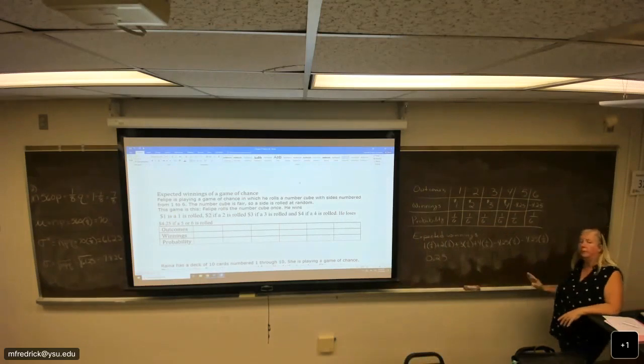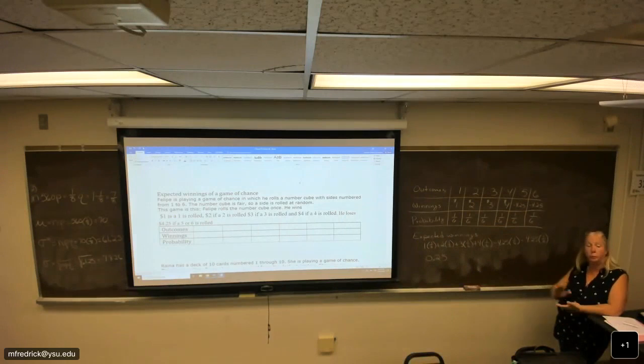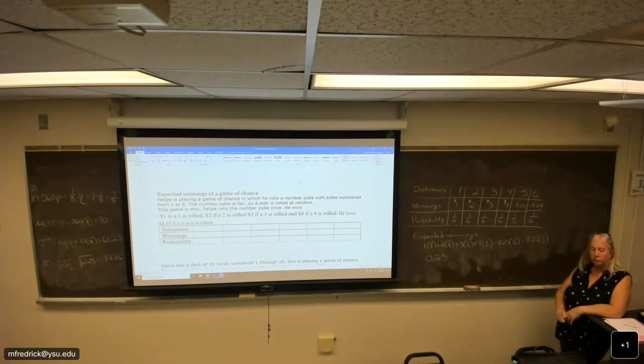So if you play this several times, you will average a winnings, because it's positive, of 25 cents per game. If everyone in here played at one time, we would probably average 25 cents a game for winnings. Which is a good thing.